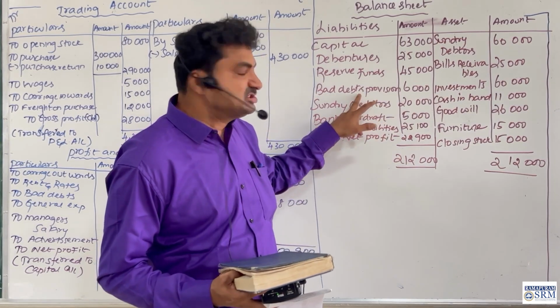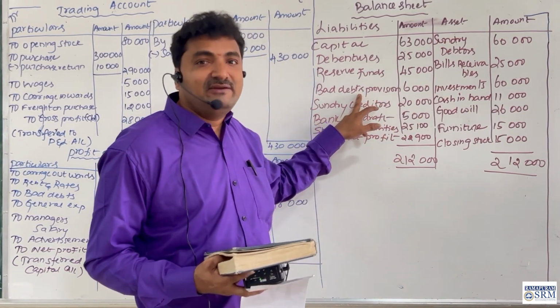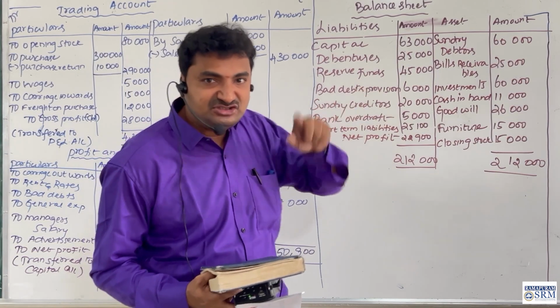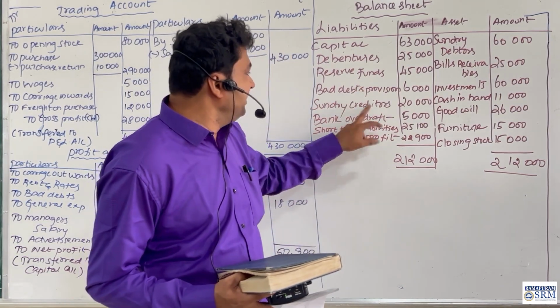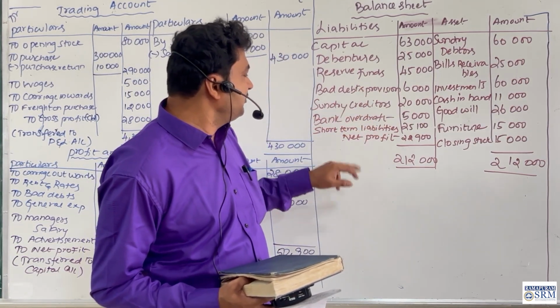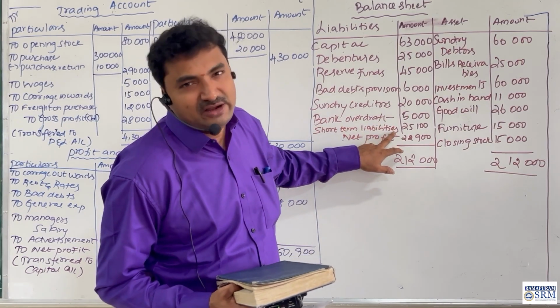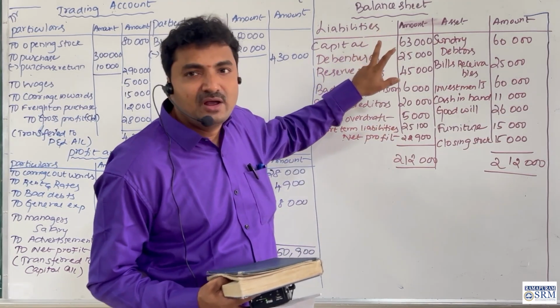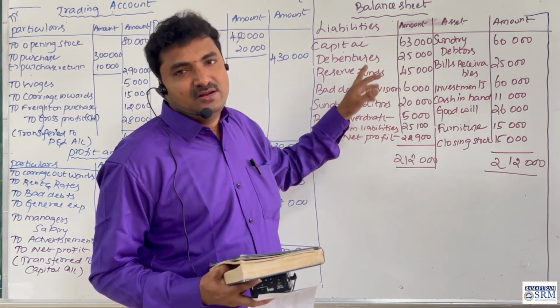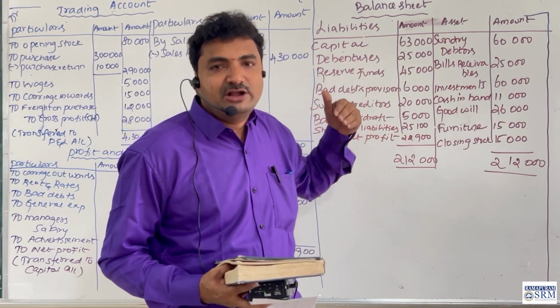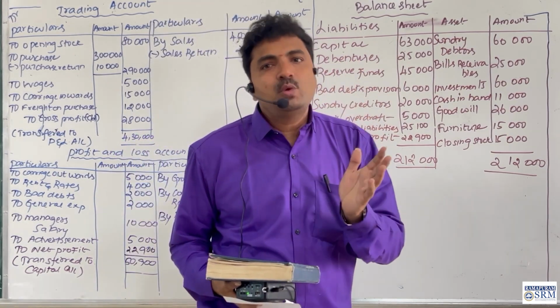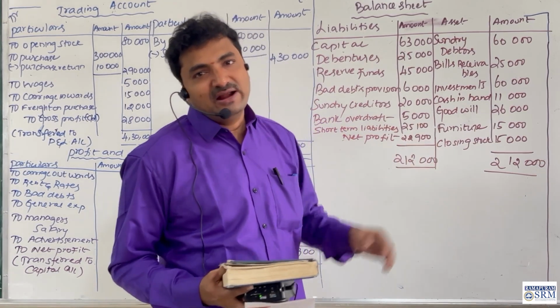I will explain this elaborately while taking the adjustments. Then creditors, bank overdraft, some short-term liabilities. Liability is whatever amount your company has to pay to outsiders.